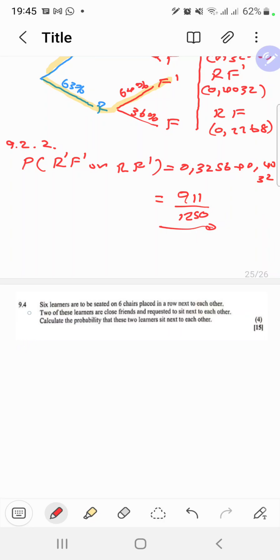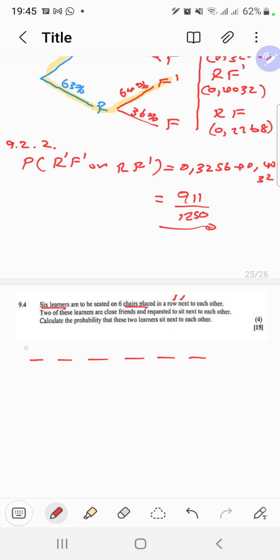All right. So 9.4 says 6 learners are to be seated in 6 chairs placed in a row next to each other. So we have 1, 2, 3, 4, 5, 6. Then they say 2 of these learners are close friends and requested to sit next to each other.